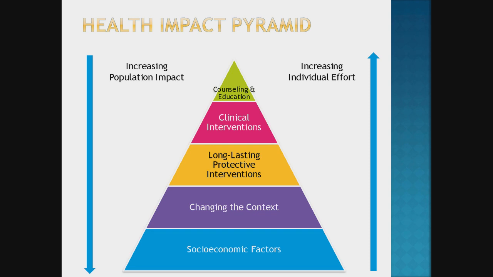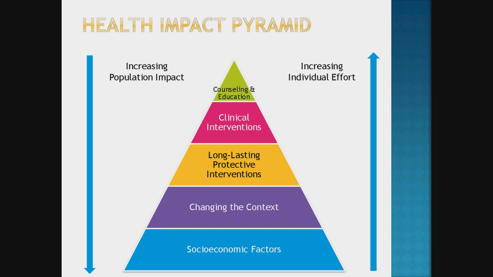And at the bottom of the pyramid is where you have the greatest impact on population health. So at the very top of the pyramid, you have counseling and education, which are important and very much needed in the work that we are doing. But they also require a lot of time, and it's typically a one-on-one intervention or a small group.